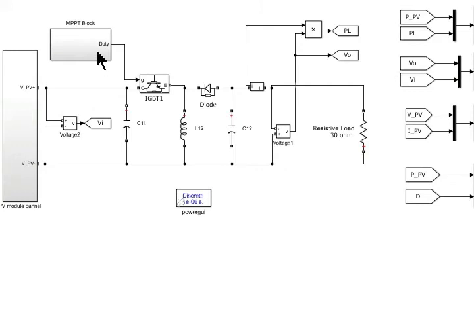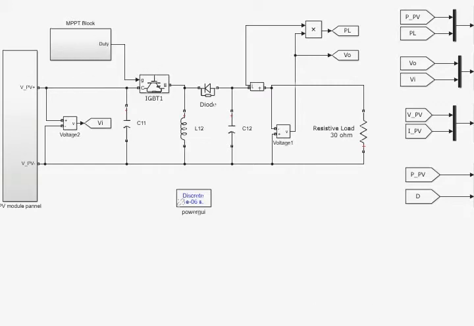Meanwhile it's running, let's see the working of that MPPT tracker. It's taking a little bit of time as it is compiling the Simulink model. Meanwhile, let's discuss the MPPT algorithm that we have used.